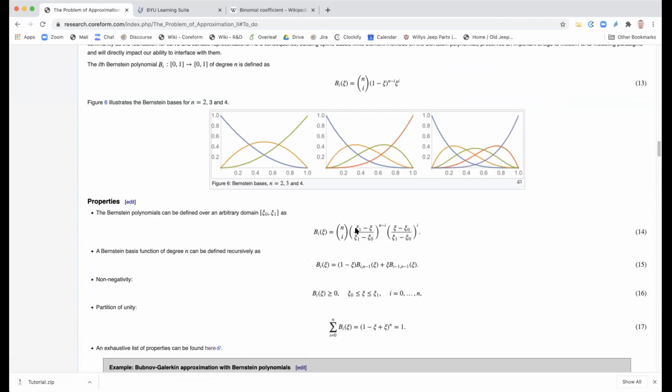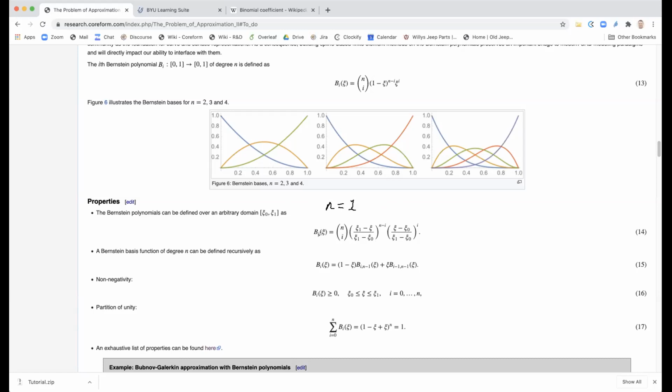Let's see. So let's say we want to do n equal to 1. So there's going to be two polynomials because this is linears, right?